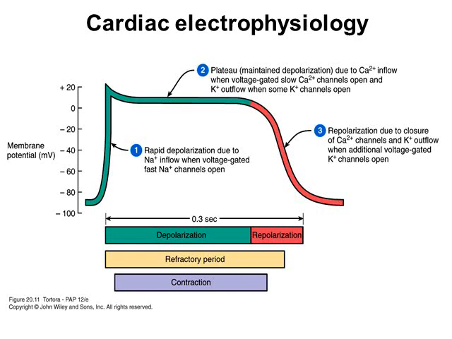You then have a plateau, which is a maintained level of depolarisation. This is because you have calcium flowing in when voltage-gated calcium channels are opening. You're also getting some potassium channels starting to open, so you are getting some potassium outflow from these cells. However, the net result is that you maintain this depolarisation.